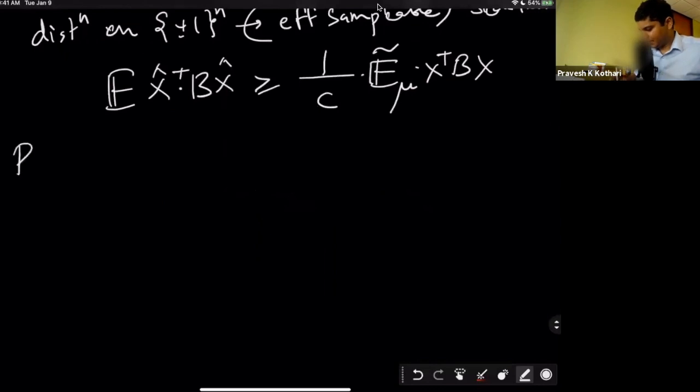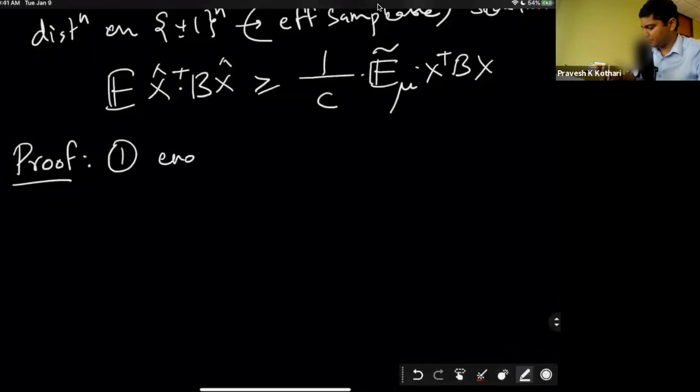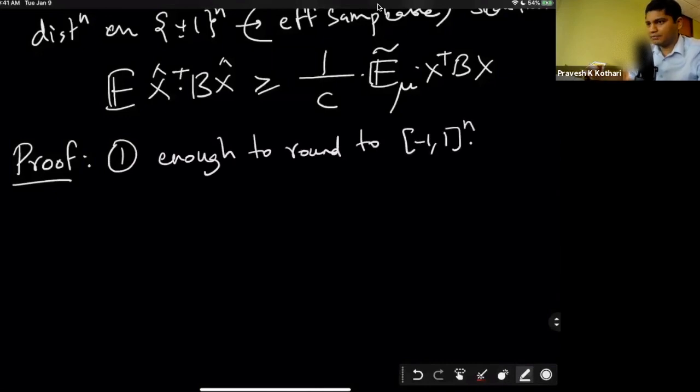So let's prove this. As we saw from one of the propositions we proved, it's enough to just round the given pseudo distribution to some distribution on the solid cube. Because once I have a distribution over the solid cube, I can get a distribution on the corners of the hypercube by the randomized rounding that we did to construct y hat from y.